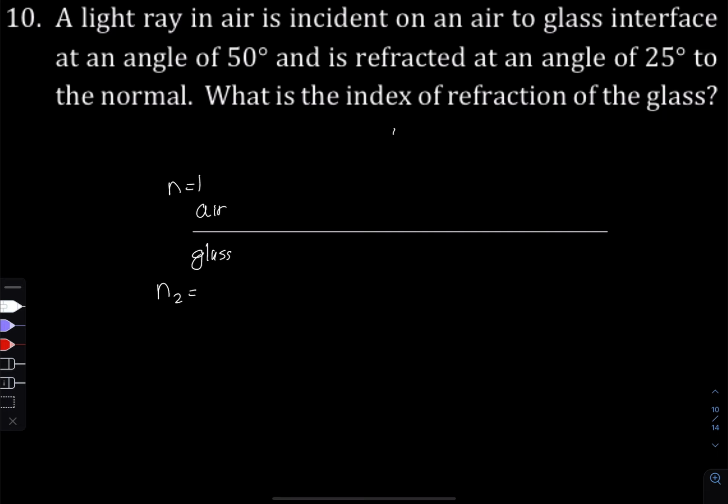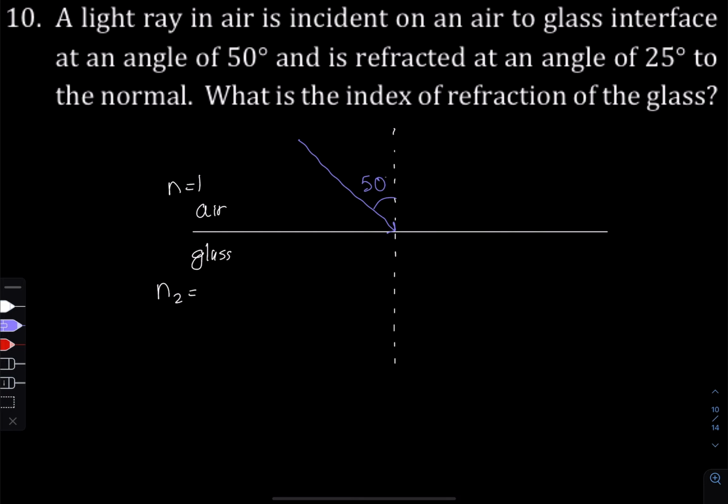So we have the little normal angle. Then we have the light ray incident on the air to glass interface at an angle of 50 degrees. So the air to glass interface is here, and we're going from air to glass, and the angle of that is 50.